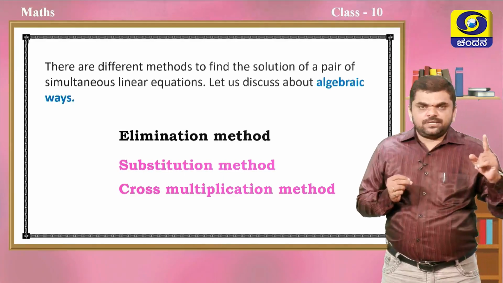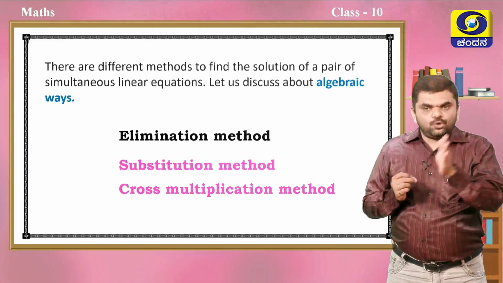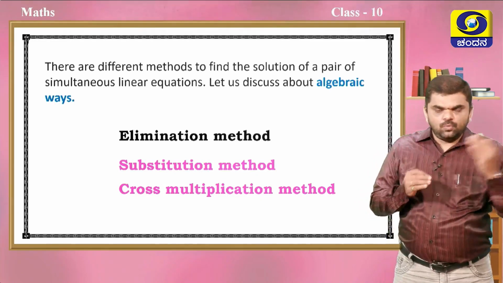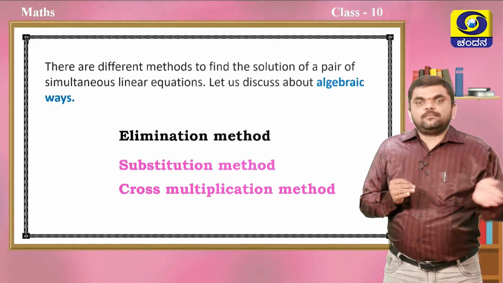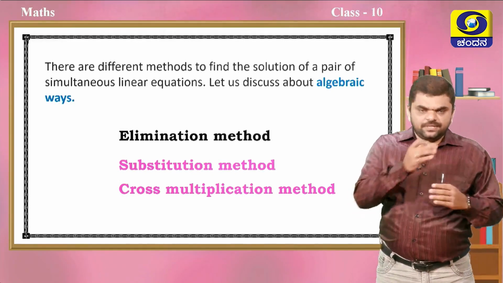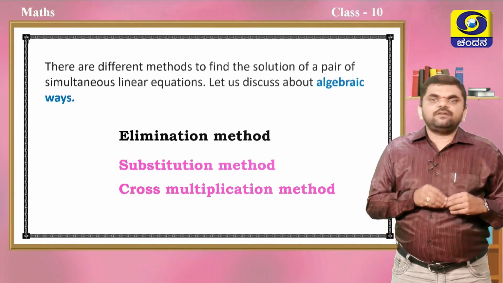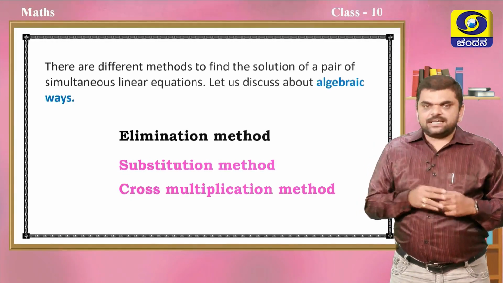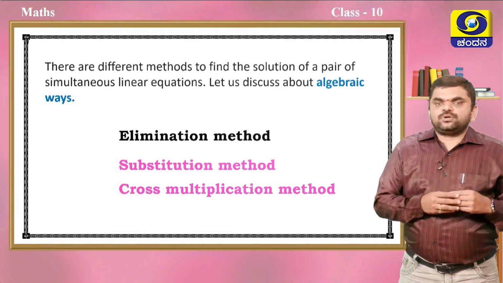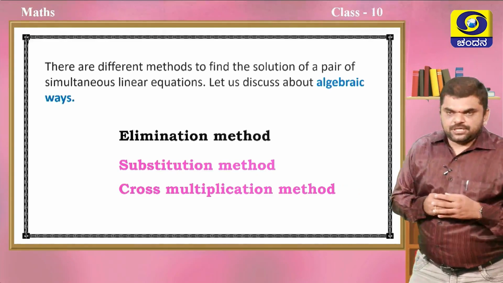In elimination method we have to eliminate any one of the unknown quantities, that is x or y, and by taking one value we substitute another value, so that we get both unknown quantities. In today's class, we shall discuss the substitution method and cross multiplication method, children.